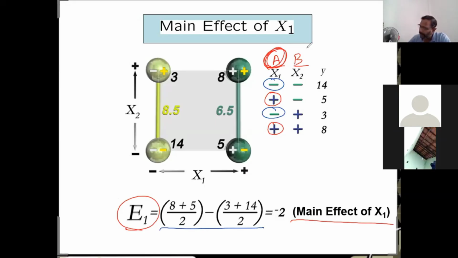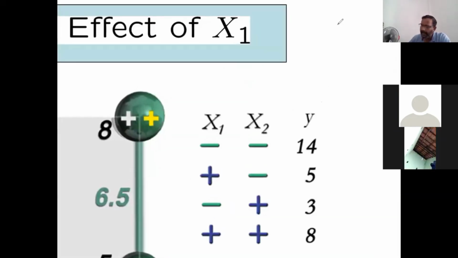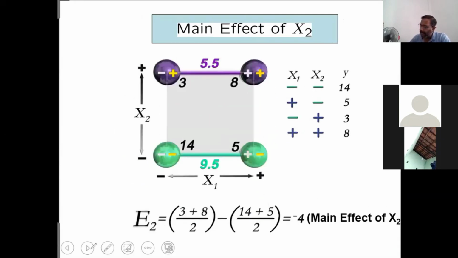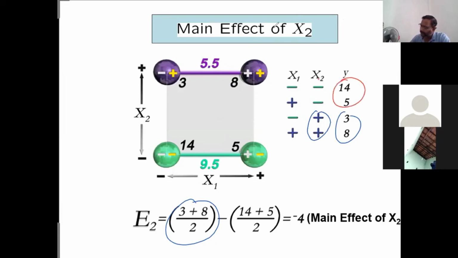Similarly, if you take the effect of B, again, we take the average value of pluses and the average value of minuses for the second factor. So we look at the difference. So that is the main effect.